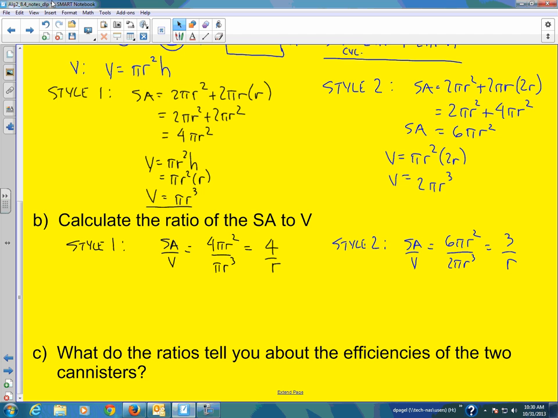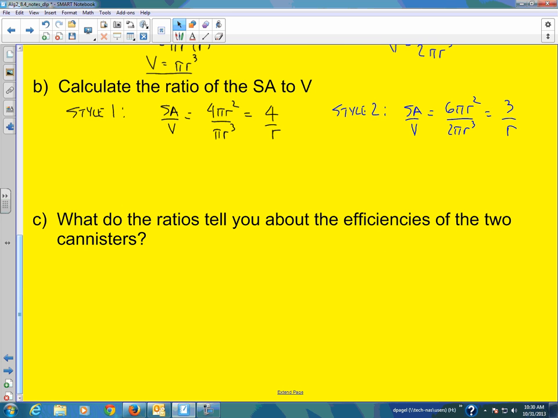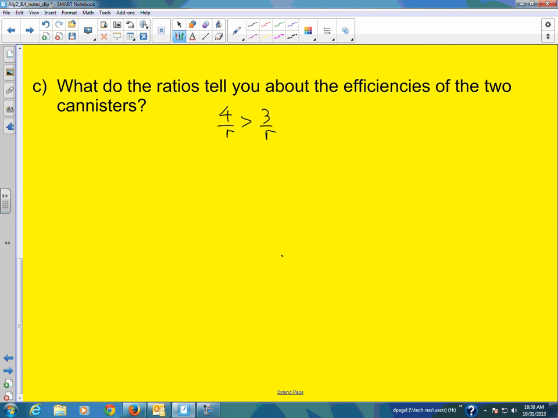So in regards to efficiencies, you're a company, you're producing this container, you want to minimize your surface area, but maintain a maximum volume. So use less material. So how do we use our ratio of surface area to volume to determine that? Well, since, for style 1, since 4 over r ratio is bigger than a 3 over r ratio, that would mean style 1 is less efficient than style 2, because you're having a bigger discrepancy between your surface area and your radius here.